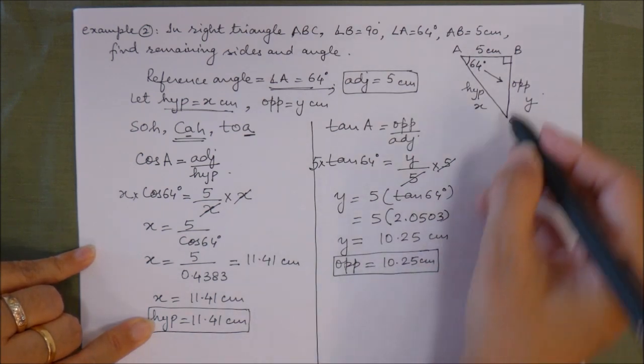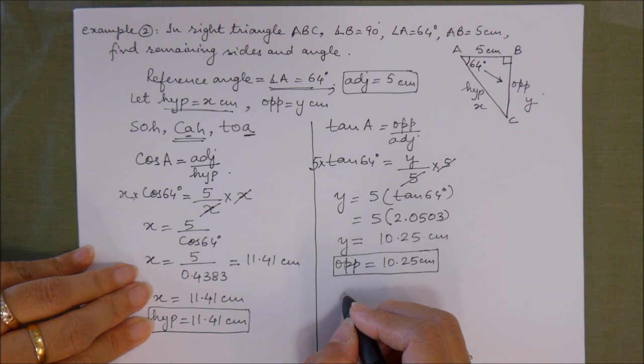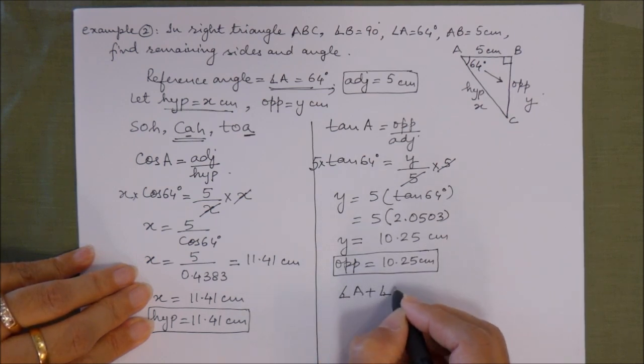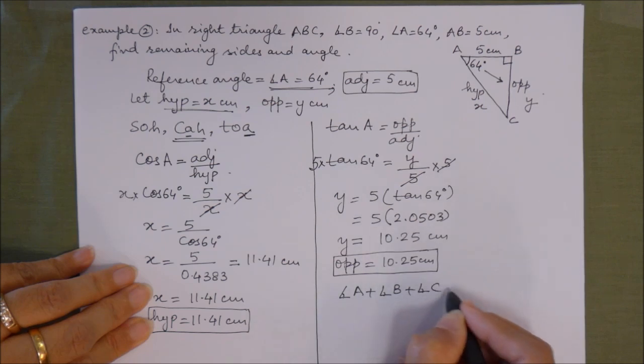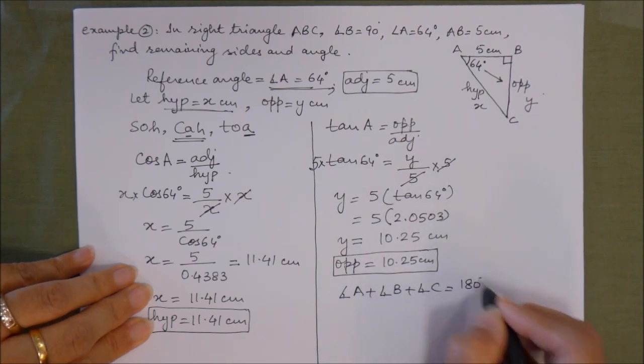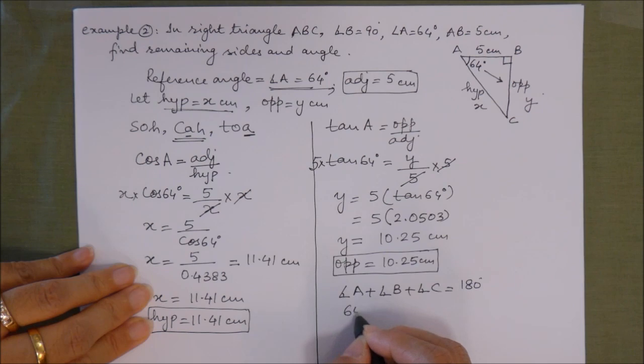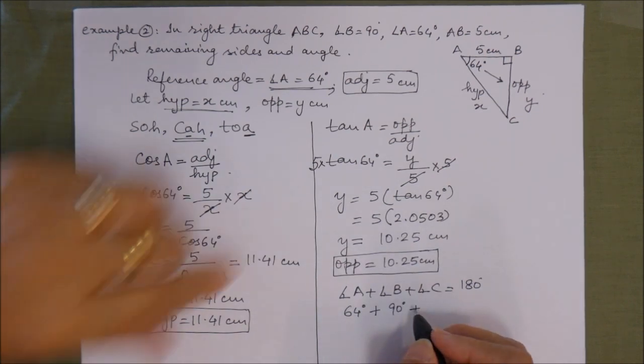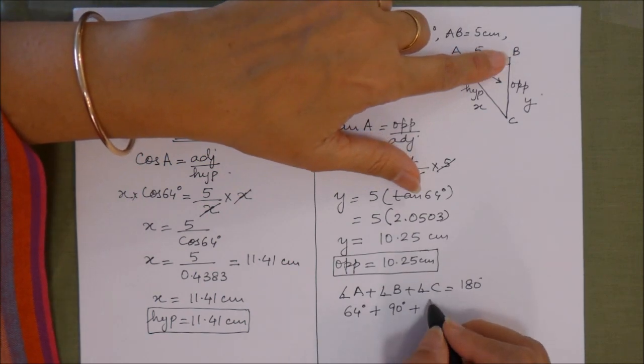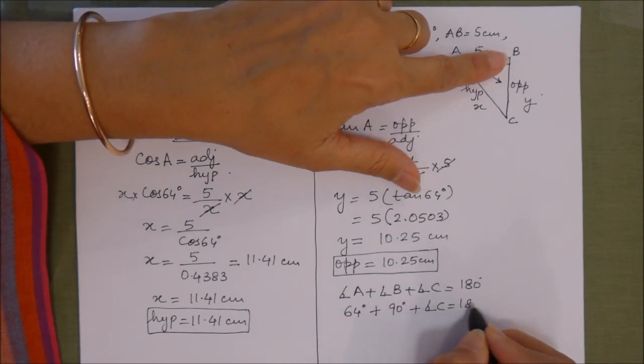Now the third angle is C. So using the angle sum property, we can write angle A plus angle B plus angle C. The sum of the angles of a triangle is 180 degrees. So angle A is 64 degrees, B is 90 degrees, and angle C we have to find out.